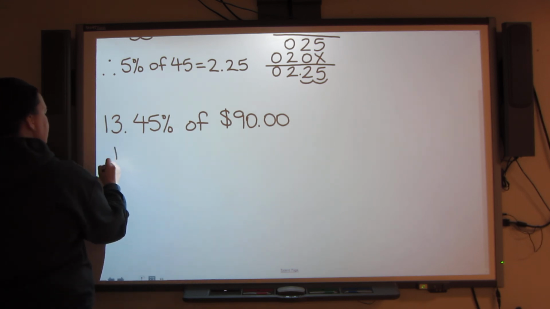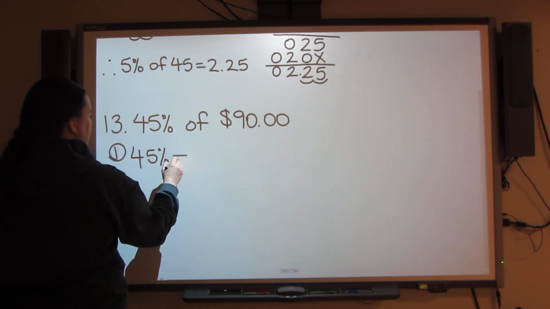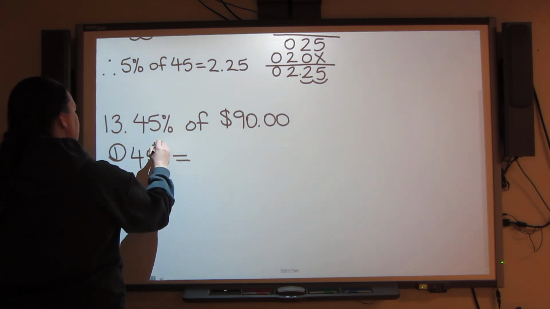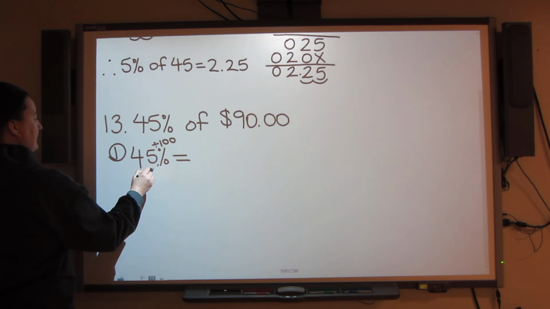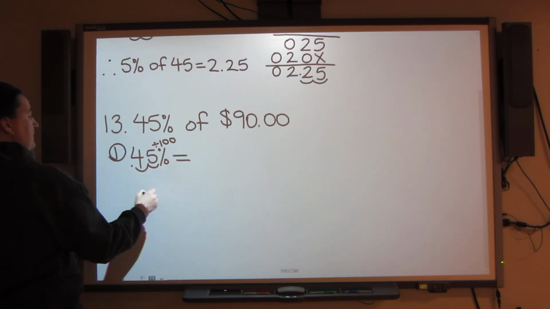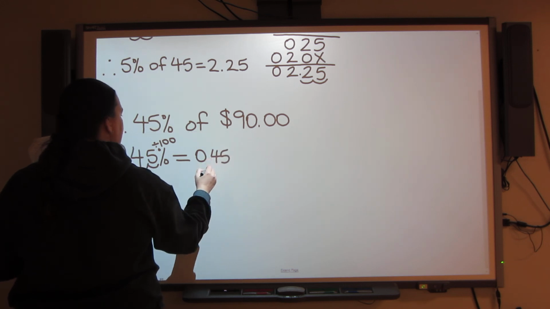Step 1 stays the same: 45% changed to a decimal by dividing by 100, 2 spots over, 0.45.